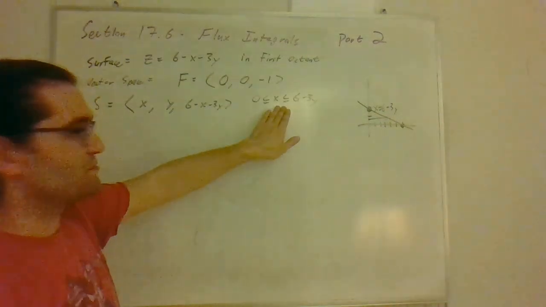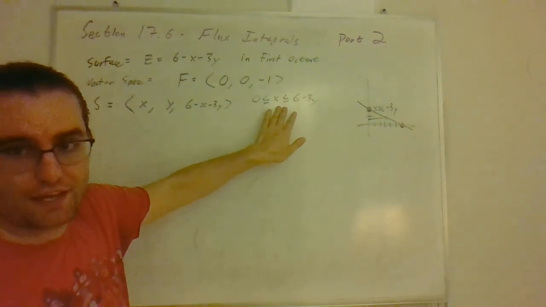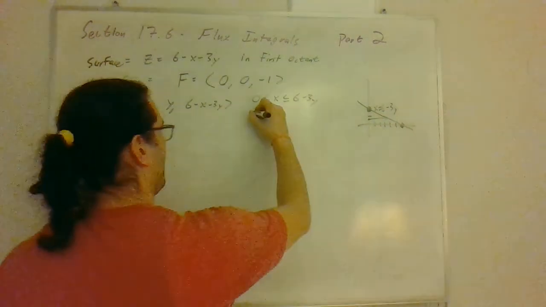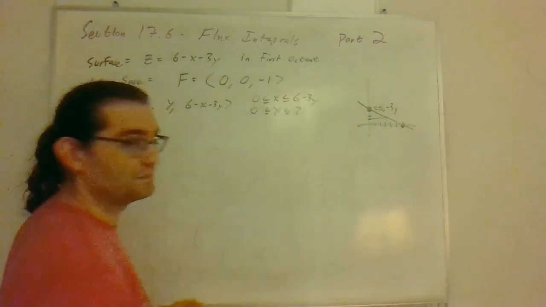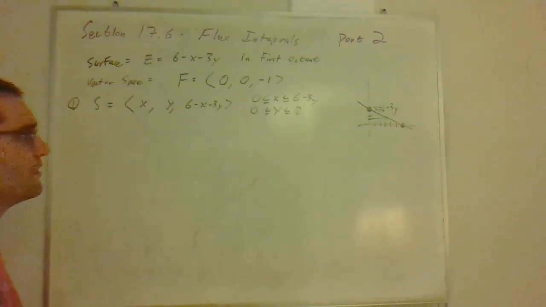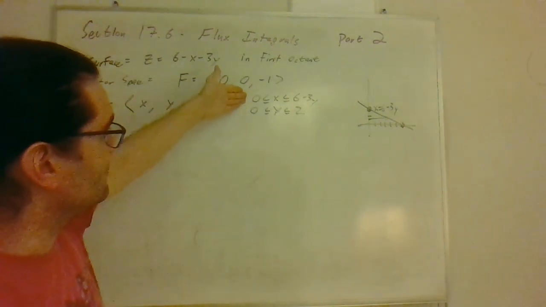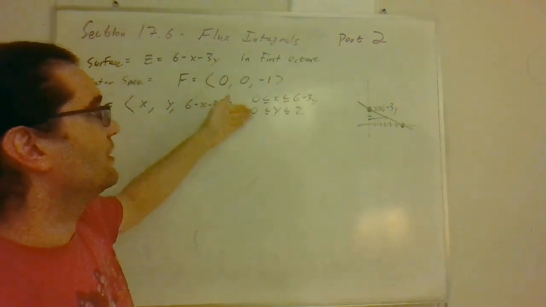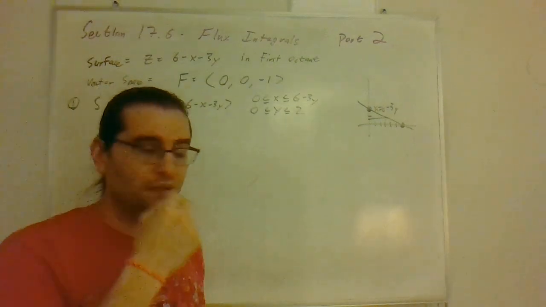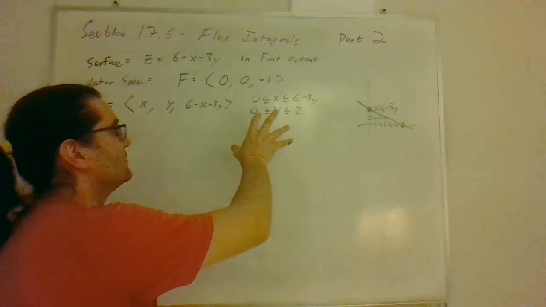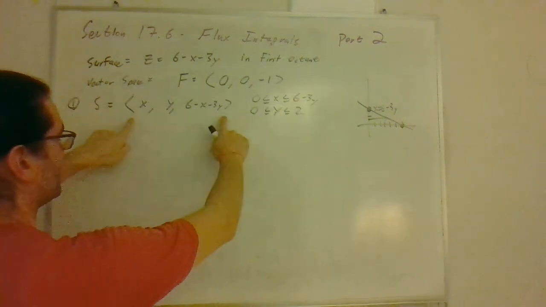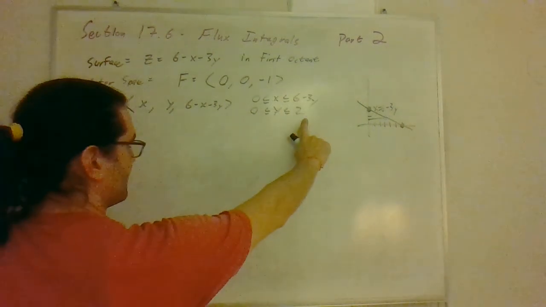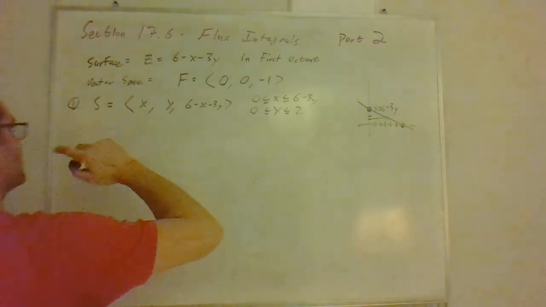If we're doing this, we're sort of committing to integrating along x first, and then y is going to go from 0 to 2, which is fine. This is if we want to do the double integral version. Okay, so I have my parameterized surface. I have the bounds, even though one of them is a little weird looking.